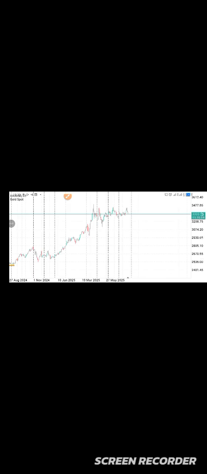Look at this. Gold is caged in that area. So that is what you can see on the daily.